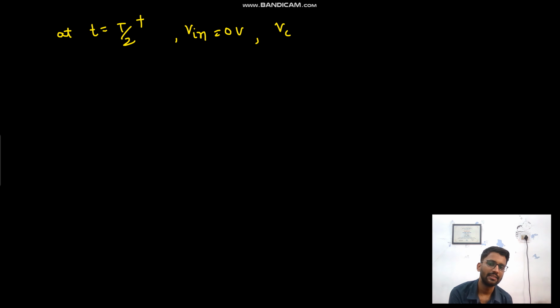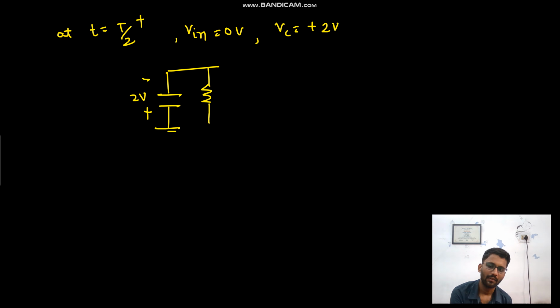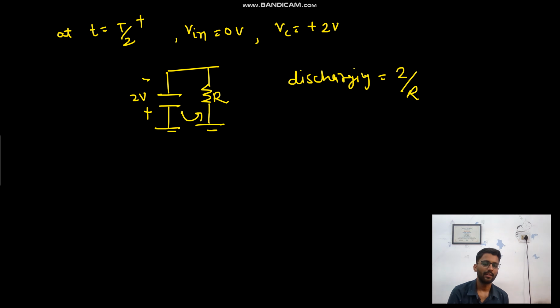Now at t equals T by 2 plus, your V in is 0 volt and your VC is plus 2 volt. So this will be the condition. Here we have plus 2 volt and this is R. The discharging speed is 2 by R now, right?